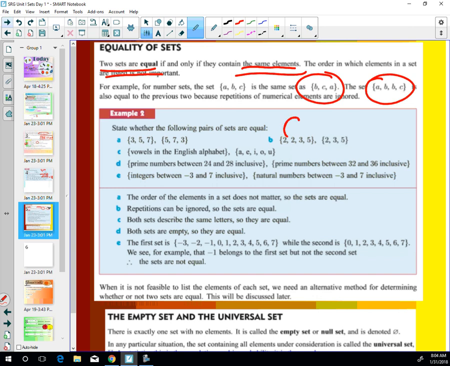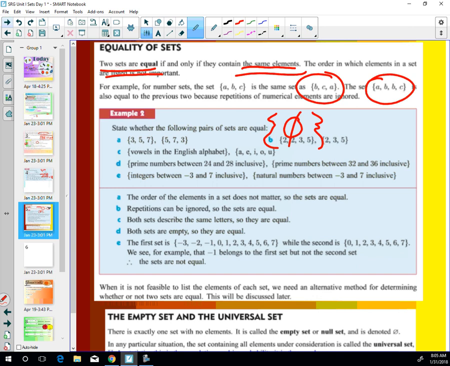The empty set is usually written this way. That is nothing in the set, the absence of members. And then this one: integers between negative 3 and 7 inclusive, natural numbers between negative 3 and 7 inclusive. The first set is negative 3 to 7, and the second is 0 through 7.